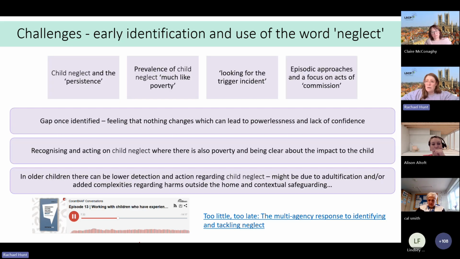That might be around the neglect of knowing where your child is, of maybe not knowing what they're doing online, not understanding the impact of harm outside the home, and the contextual safeguarding that's occurring outside of the home. So again, we've got a big section on that in the resource. It's always about thinking wider, about what might be causing this.